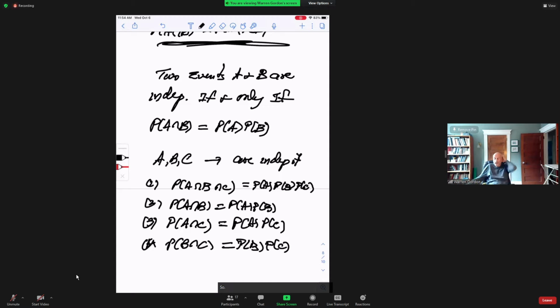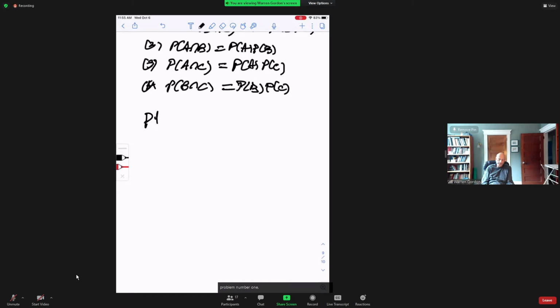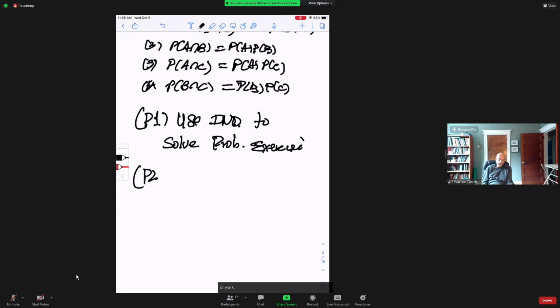So there are two kinds of problems. There are two kinds of problems that can arise. Problem number one, to use independence to solve a probability problem. Or two, prove events are independent.